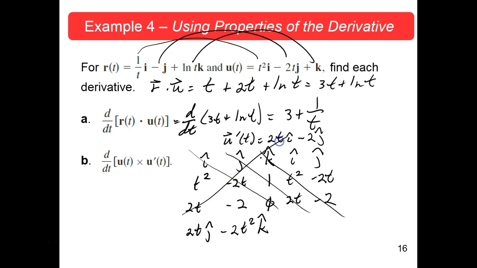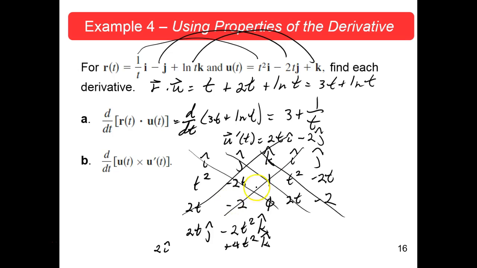Now you do your up diagonals, but you have to negate them. So this up diagonal, 2 times negative 2 would be a negative 4t squared k, but you negate it, so it's a positive 4t squared k, right? Then go up this diagonal, and what does that give you? 2i. Okay, 2i. No t's involved with that.